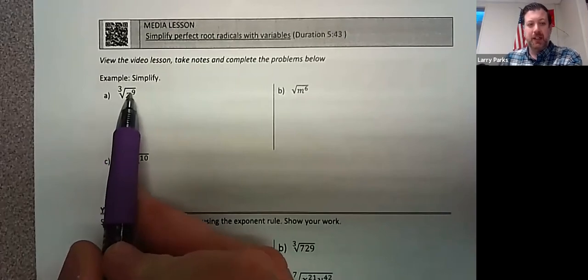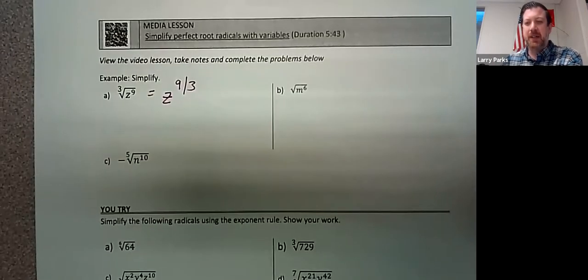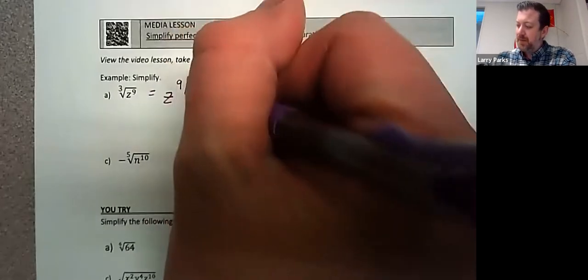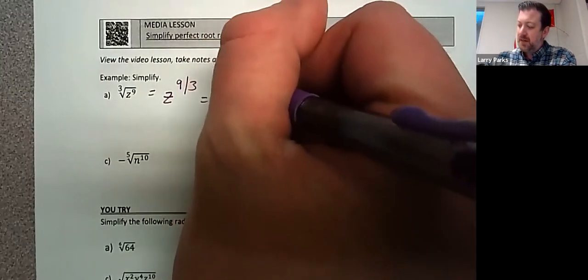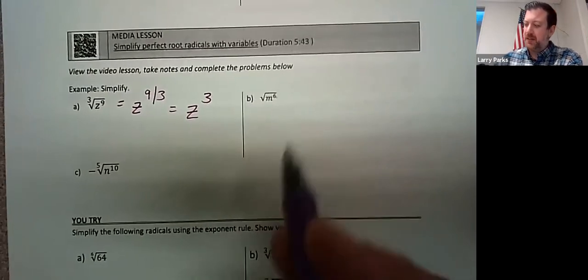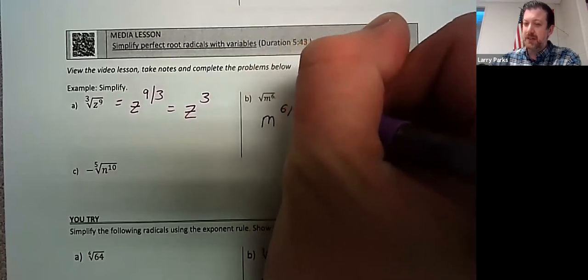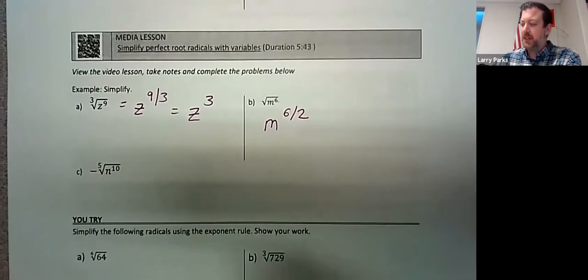3 goes into 9 evenly. And so remember, this actually equals z to the 9/3. We learned that last class period. But 9 divided by 3, well, that's 3. Okay, 6 divided by 2, so that would be m to the 6 over 2. 6 divided by 2 is 3.